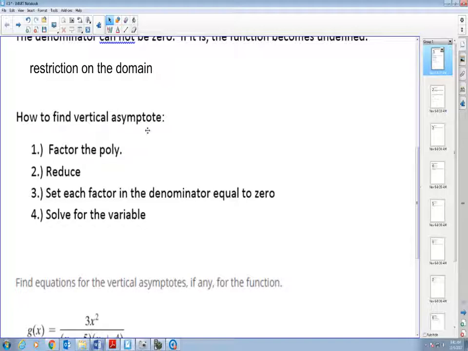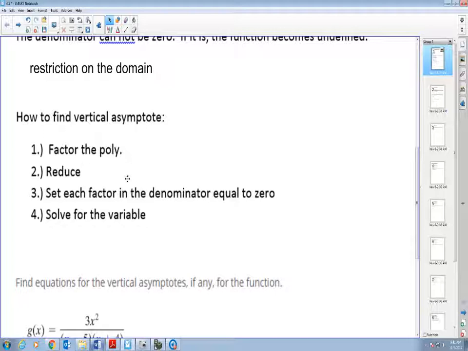Alright, so how do I normally find a vertical asymptote? First step, you've got to factor the polynomial on the top and the bottom. Second, reduce the factors if you can. If I reduce the top and the bottom, whatever is canceled out would not be my vertical asymptote.